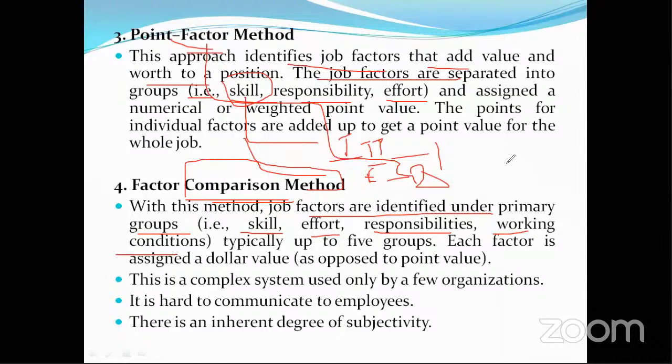They have to go underground and perform their job. With that much risk, what compensation methodologies are available to them? In the factor comparison method, you directly compare various factors like skill, effort, responsibilities, and working conditions, instead of giving points.